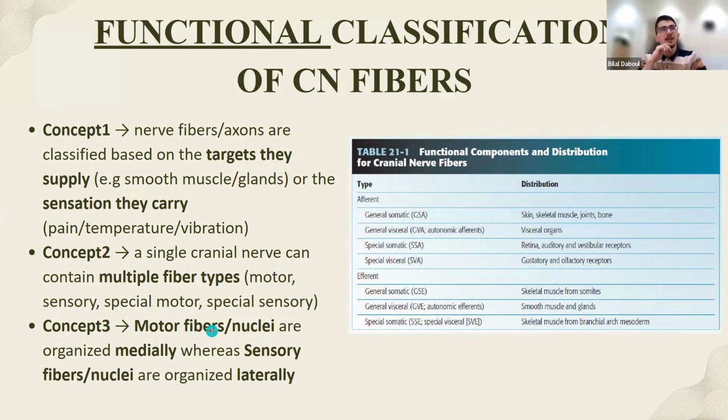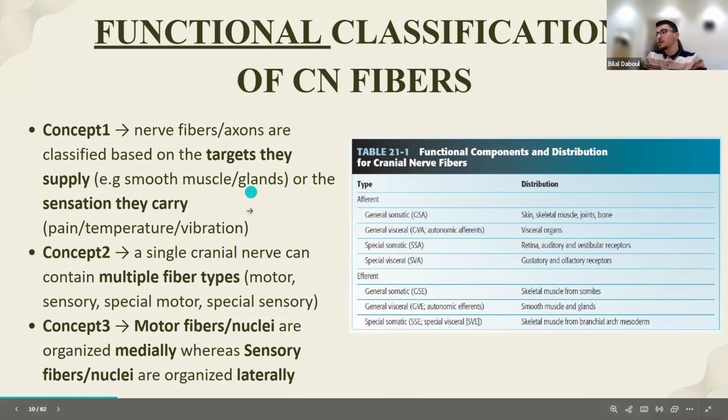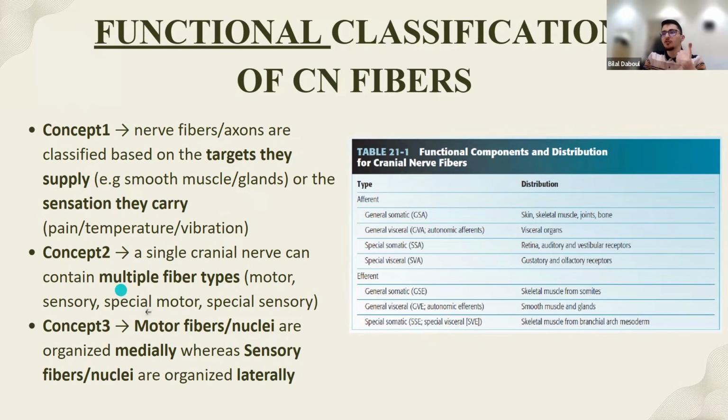So, for example, given that the abducens nerve is a purely motor nerve, meaning it only supplies the lateral rectus muscle, I would expect it to be medial in position to the vestibulocochlear nerve. The vestibulocochlear nerve is purely sensory, and hence it's lateral in position relative to the abducens. And these three concepts are very important because we'll revisit them multiple times. That's the first slide.